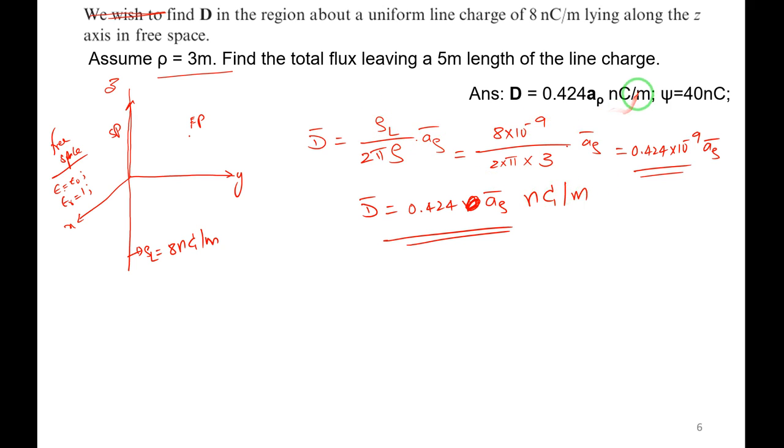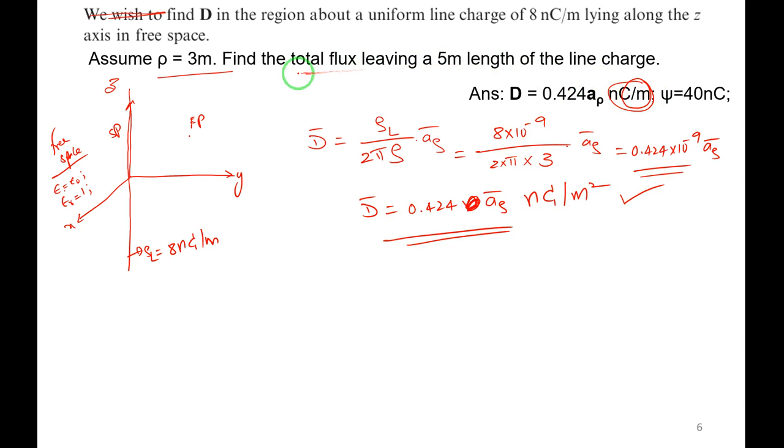Sorry, it should not be coulomb per meter, because the flux density is coulomb per meter square only. Here rho L is coulomb per meter and this is meter, so coulomb per meter square. So here they have given it wrong. This is wrong. The correct one is 0.424 a rho, nano meaning 10 power minus 9, nano coulomb per meter square. This is correct.